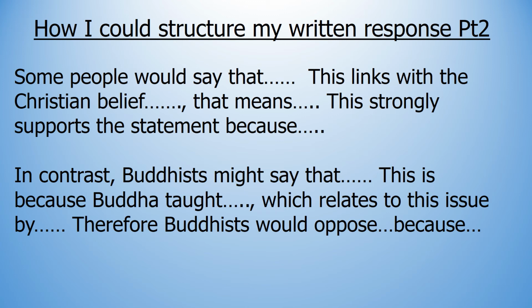I would make sure then I'm contrasting that and say, well, I've said this point, but in contrast, Buddhists would suggest this. They are peaceful people. If we start executing people, we're going to gain bad karma. That is not good. We're not going to break the cycle of samsara.